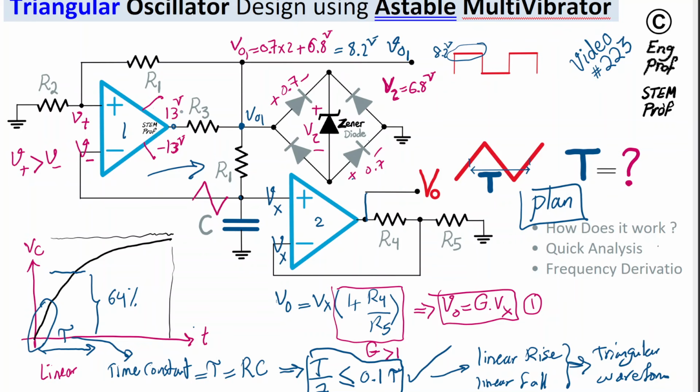So the output of the op-amp is clipped to 13, and VO1 is clipped via this full wave rectifier circuit to 8.2 volt. Let me use a different color here, so it clearly says 8.2 volt. Here we have 8.2 volt that is basically charging up the capacitor via the RC chain.